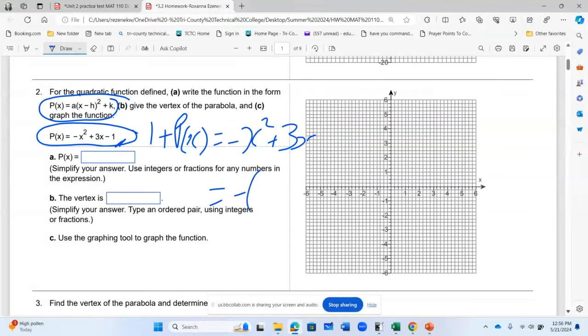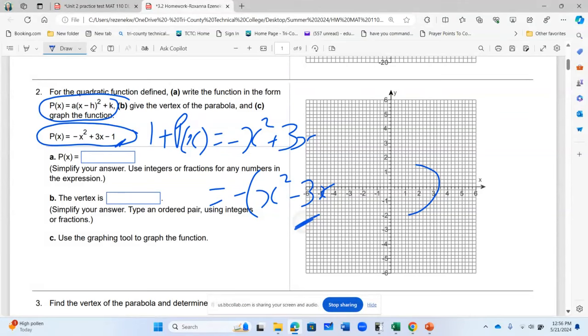So negative outside, x squared minus 3x. Okay. All right. So now I am working, because I put this negative here, I'm going to put it here. Divide the coefficient of the linear term by 2. So I have negative 3 here.